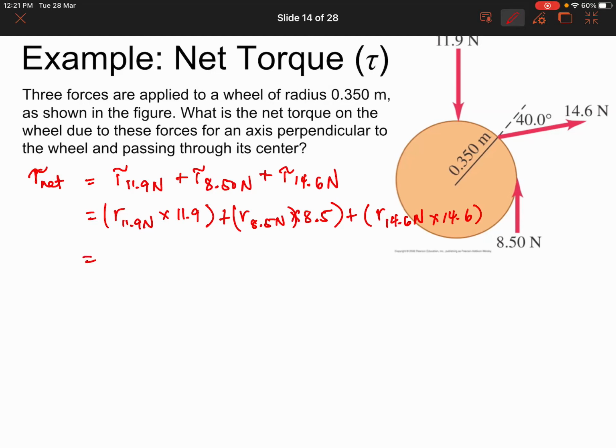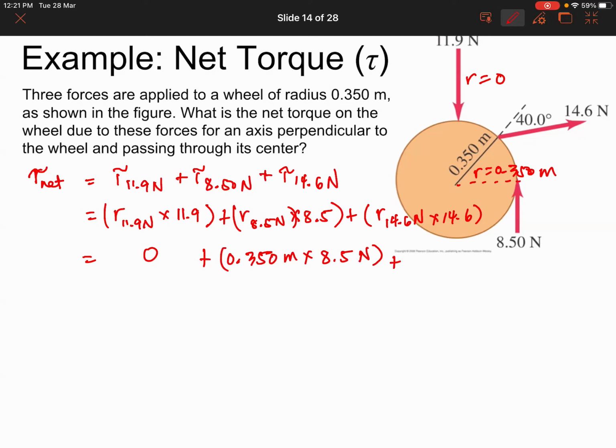We've determined the moment arm here is 0, so that will be 0, plus the moment arm for here, we've determined this to be 0.35 meters, so that's 0.35 meters times 8.5 newtons.